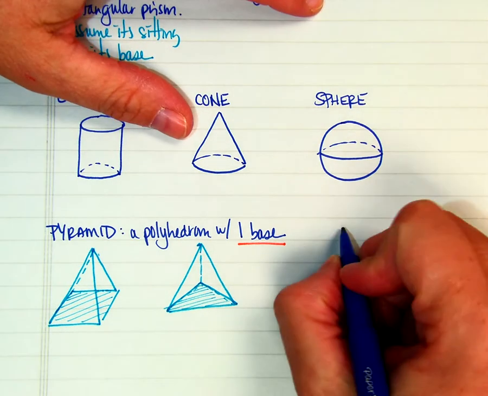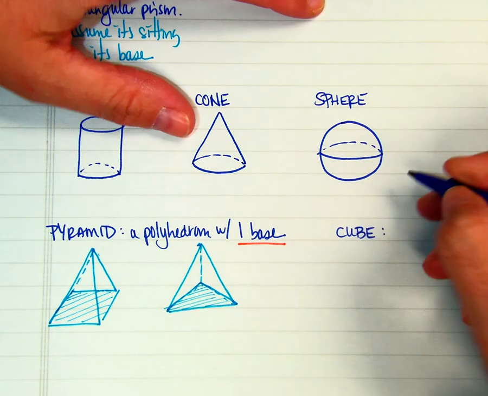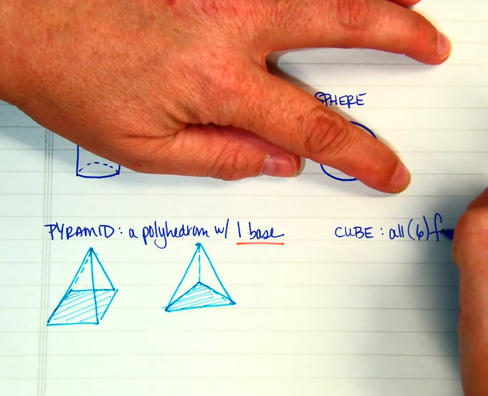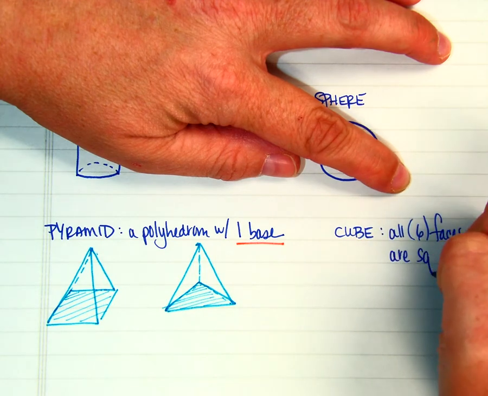We also have a cube. It is where all 6 faces are squares.